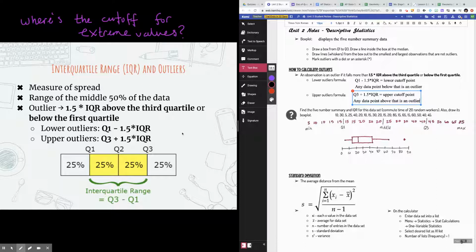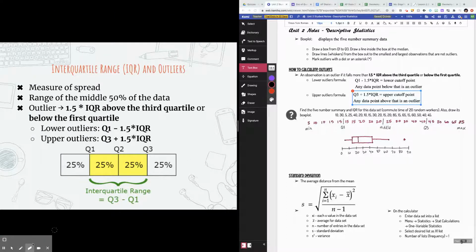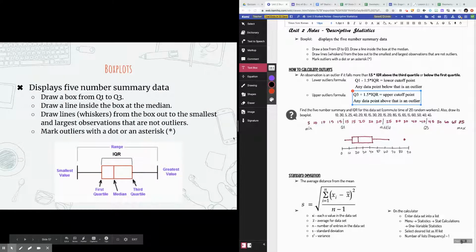This is a lot easier to see and understand when you can actually see it worked out. Here you can see on the left side of your screen, we've talked about box plots, but this picture is actually a pretty good depiction of a box plot.